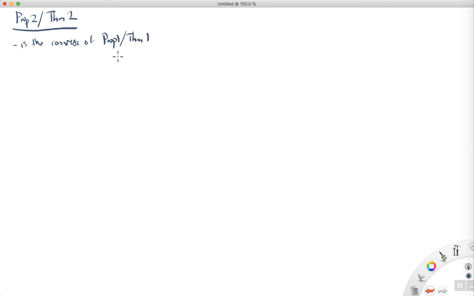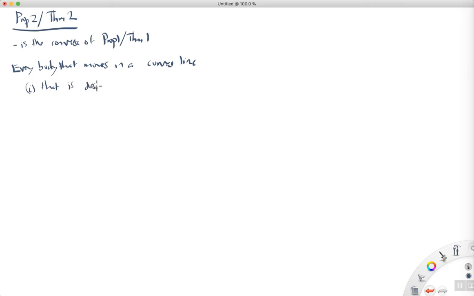Let me write out what his Proposition 2, Theorem 2 is, and then I'll explain this briefly. It's actually a pretty easy one to understand. He says that every body that moves in a curved line, first of all, that is described in a plane.